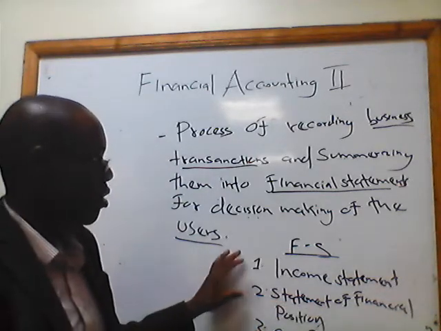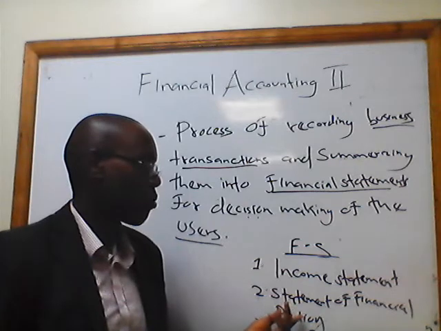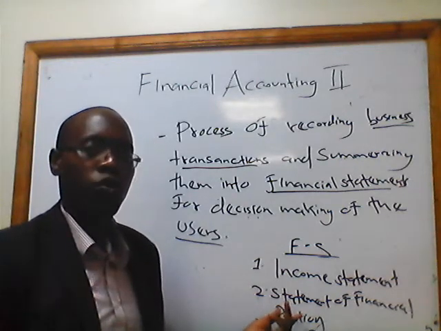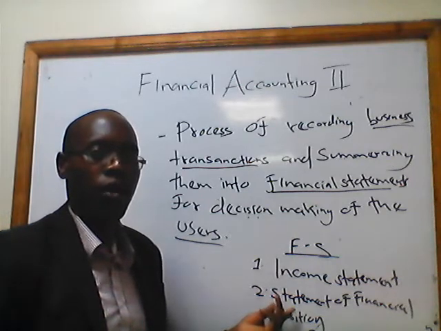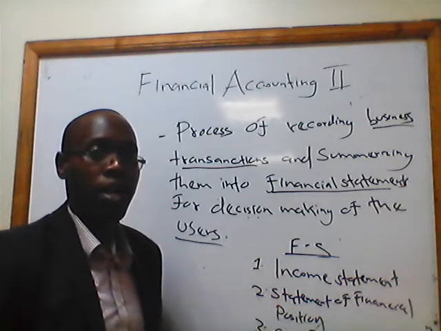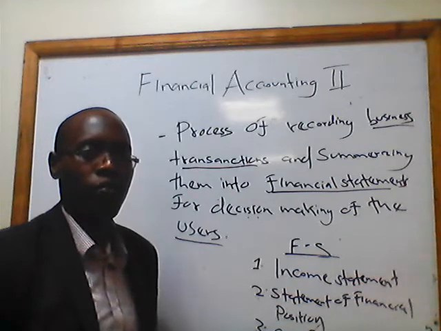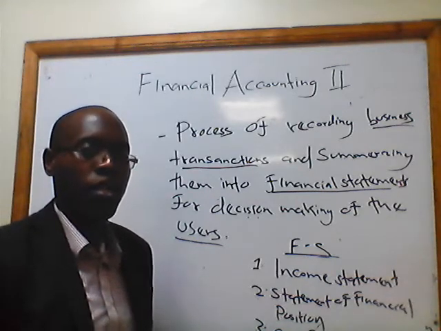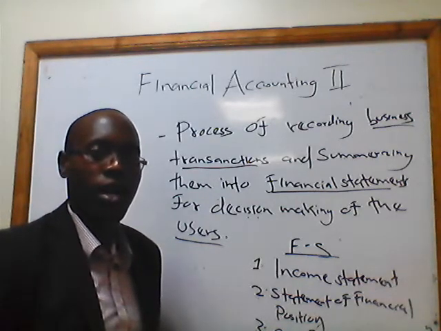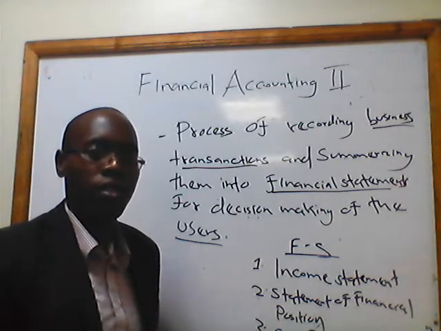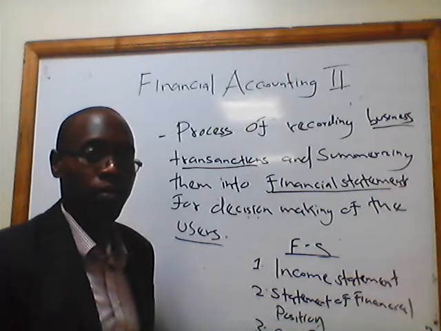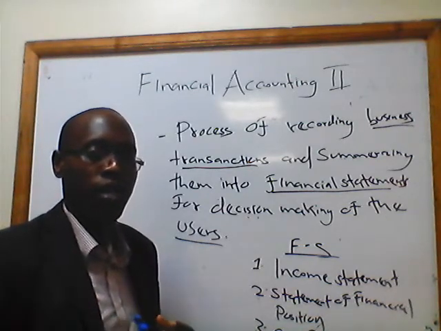The first two, the income statement and the statement of financial position, we usually prepare in accordance with International Accounting Standard number 1. Remember, we are guided by standards. International Accounting Standard number 1 talks about the preparation: how can we prepare the balance sheet, the income statement, and the cash flow statement?